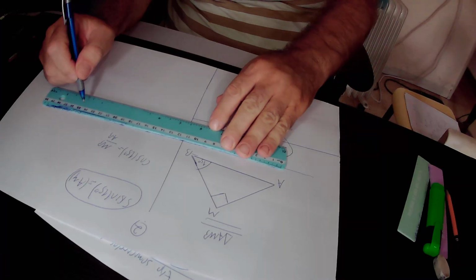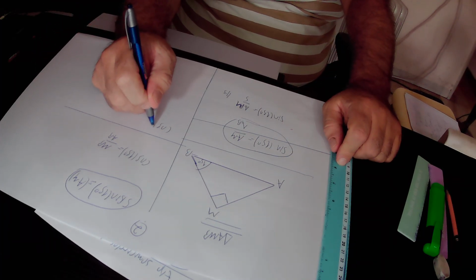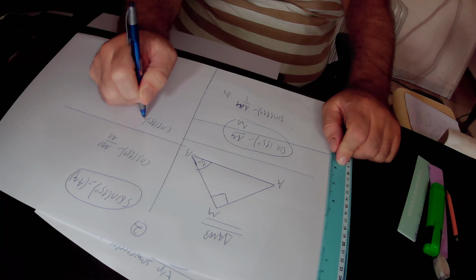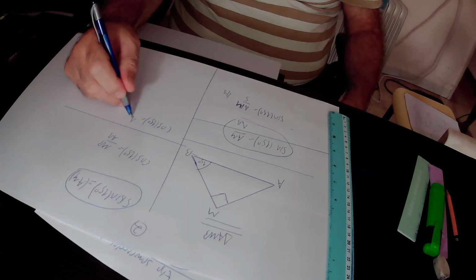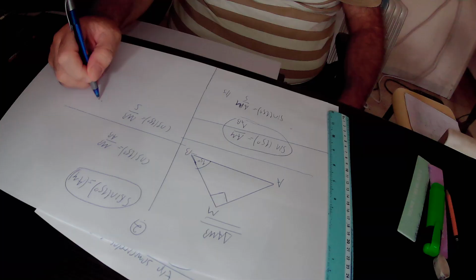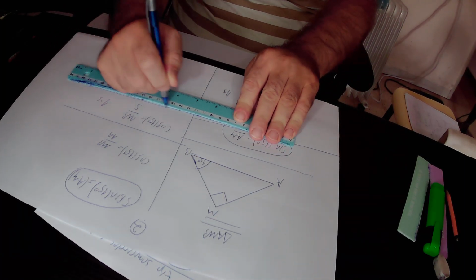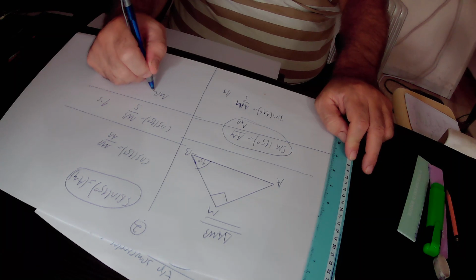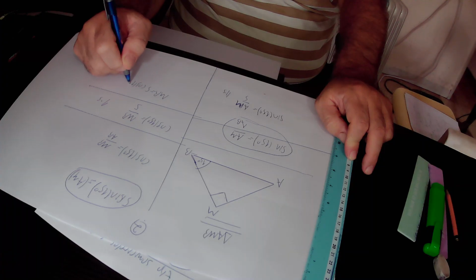So cosine 15 degrees is equal to MB over AB, and AB is 5. Here we multiply this equation by 5 and find that MB equals 5 times cosine 15 degrees.